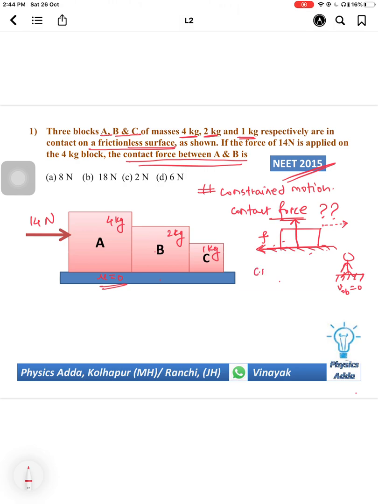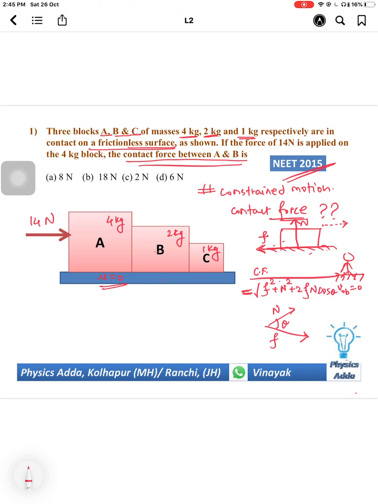And contact force will be what? Both friction as well as normal reaction are contact forces. So if this is N and this is F, and they make an angle theta with each other, then as per vector algebra, the contact force will be square root of f square plus n square plus twice fn cos theta, right?